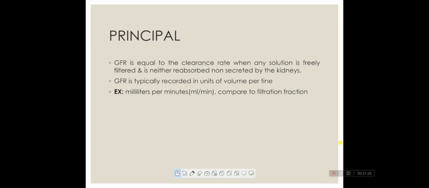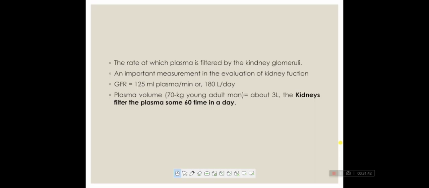What is the principle? GFR is equal to the clearance rate when any solution is freely filtered and is neither absorbed nor secreted by the kidney. GFR is typically recorded in units of volume per time, so milliliters per minute, compared to the filtration fraction. The rate at which plasma is filtered by the kidney glomeruli gives us the glomerular filtration rate.